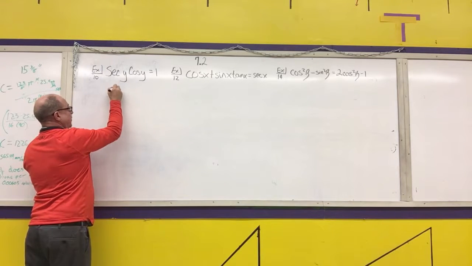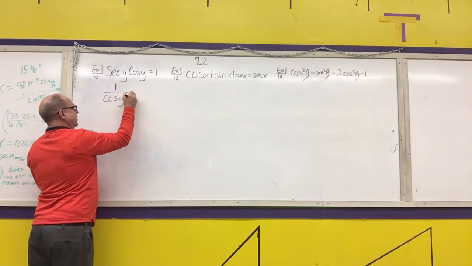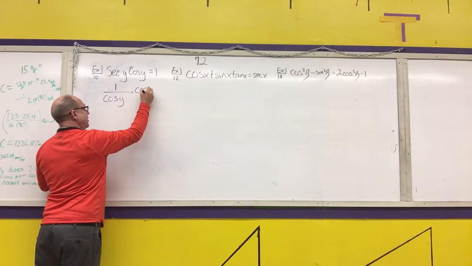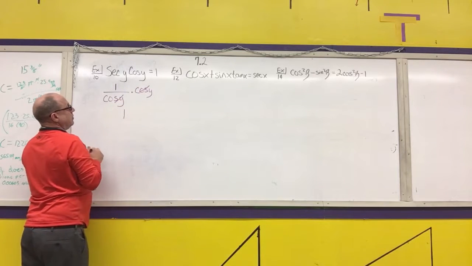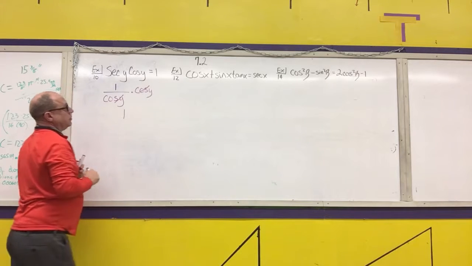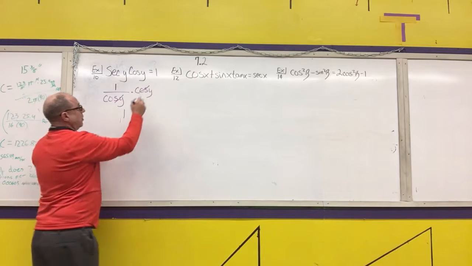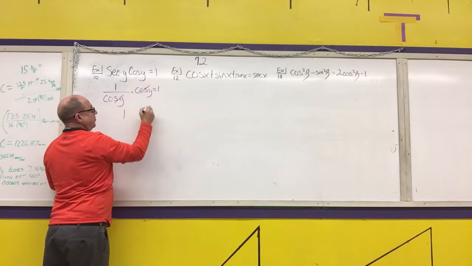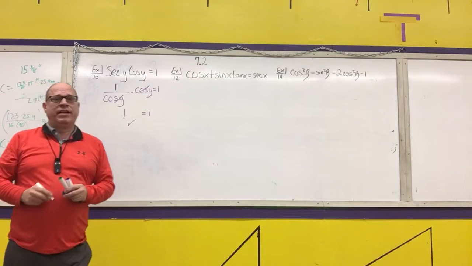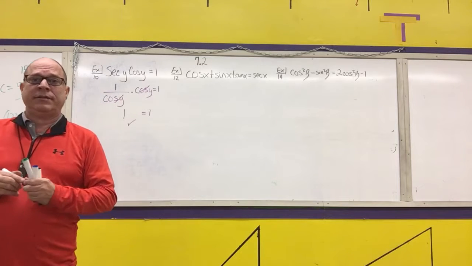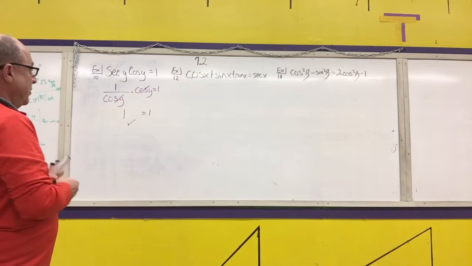Secant is 1 over cosine, so I get 1 over cosine y times cosine y. Notice these cancel, and I get 1. And it matches. So, again, I need to copy the right-hand side. And once I get the left-hand side equaling the right-hand side, I am done. Okay, very simple example.